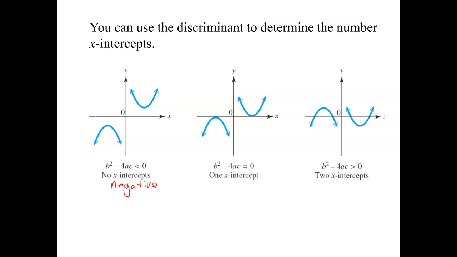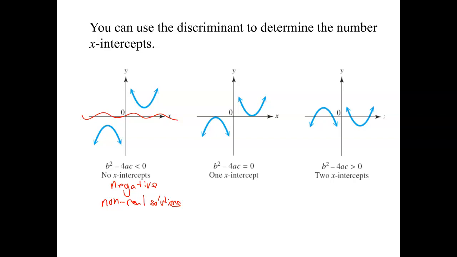So if I have 2 non-real solutions, graphically that translates to no x-intercept. That's why our answers are non-real, because it doesn't intersect the x-axis, and our quadratic formula tells us where our x-intercepts are.